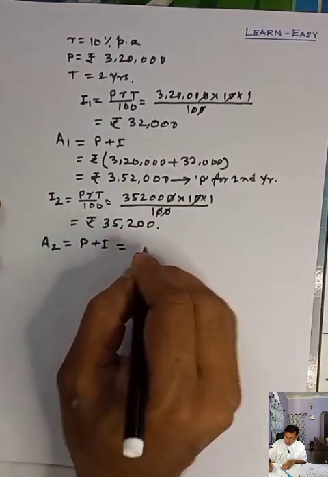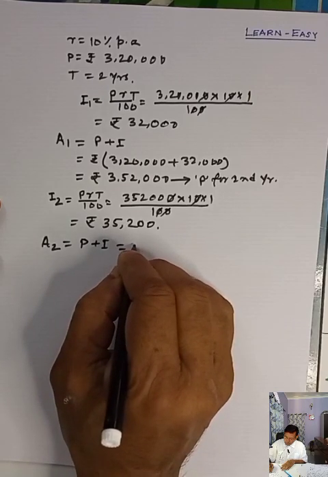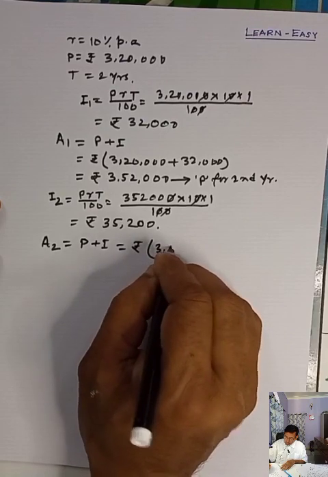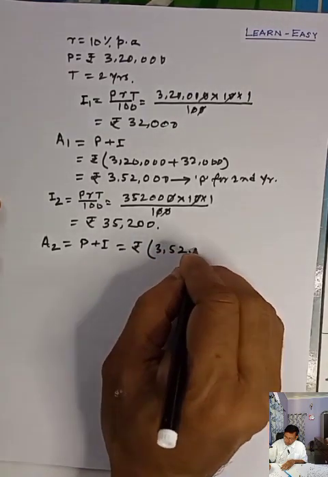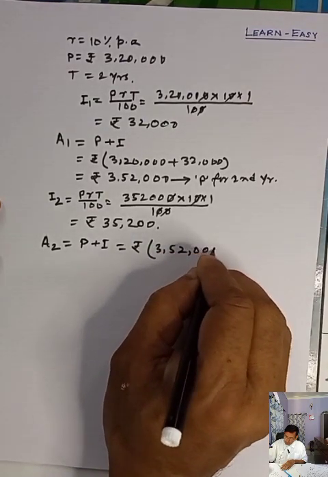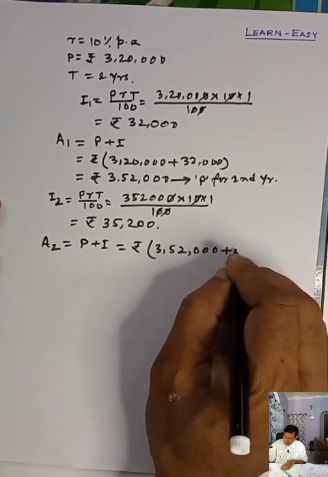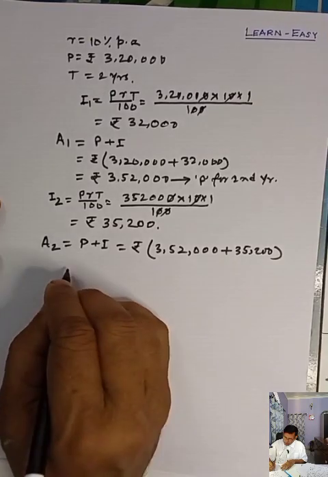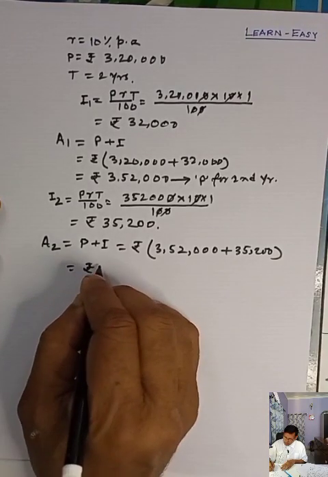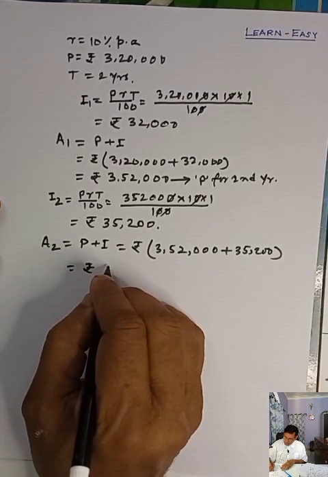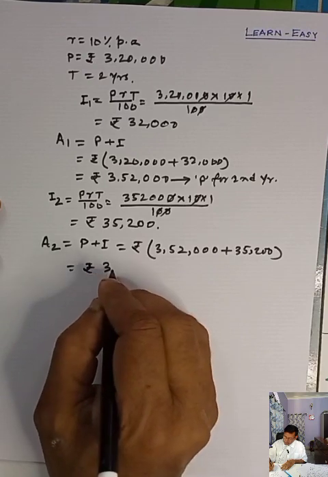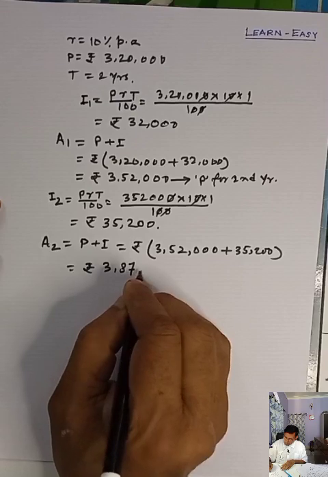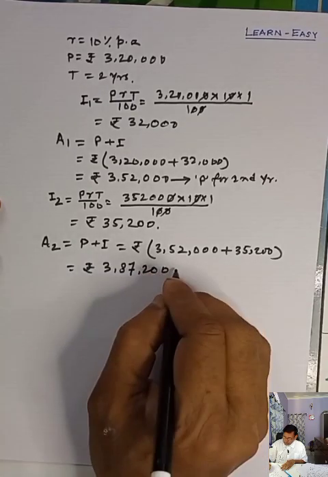So rupees 3,52,000 plus 35,200, and this will come rupees 3,87,200. This will be the answer.